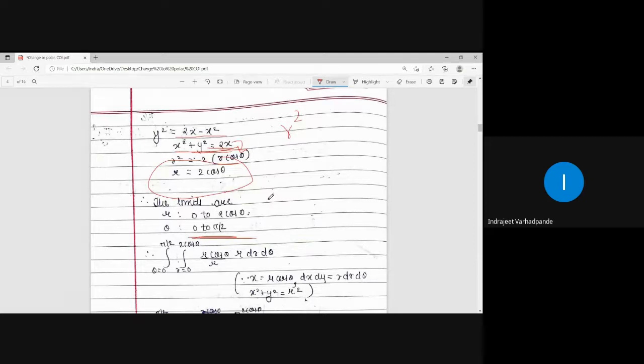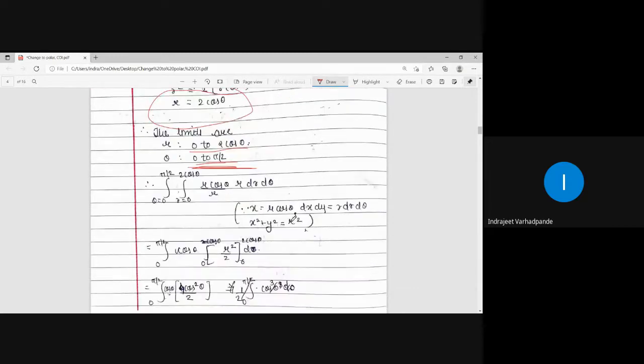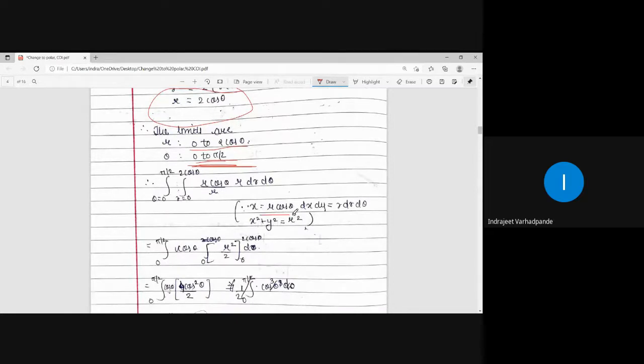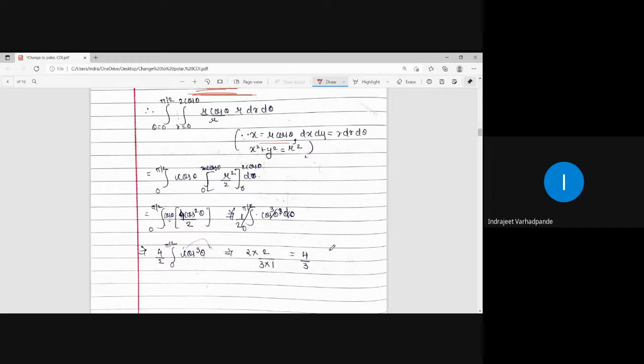So after drawing the radial strip, I get limits for r as 0 to 2 cos theta and limits of theta as 0 to pi by 2, and hence integration will be done first with respect to r and then with respect to theta. Appropriately simplifying, you get the answer as the constant value 4 by 3.